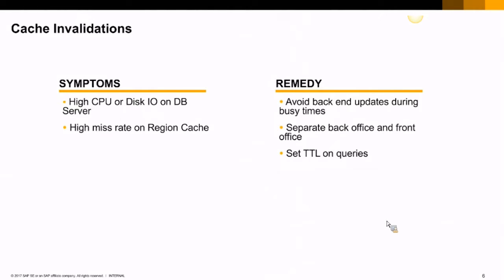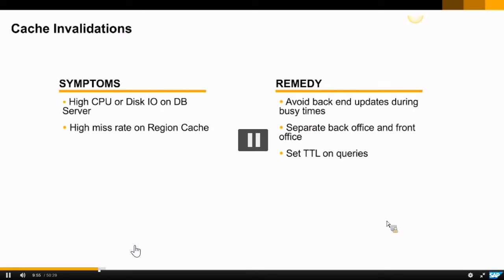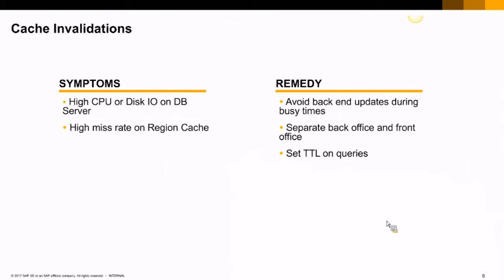Another one is something that you can introduce in the code when you do the query. Here it will be more on the front end. Let's say, for example, the stock is modified very often, and you see a very high invalidation rate and miss rate on the stock row.